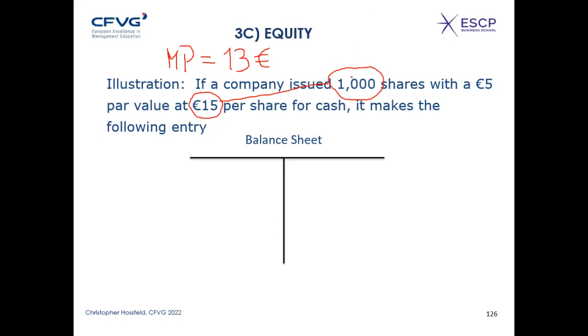The 15,000 in cash could be 1,000 shares for 15 euros, but I could also issue 10,000 shares for €1.50, or 500 shares for 30 euros, etc. So yes, the cash expectation is the final result. That's why I'm doing the whole thing. But that does not tell me how I fix the selling price. So once again, my question: if the current market value of the shares is 13 euros, is it a good idea to propose the new shares for 15 euros?